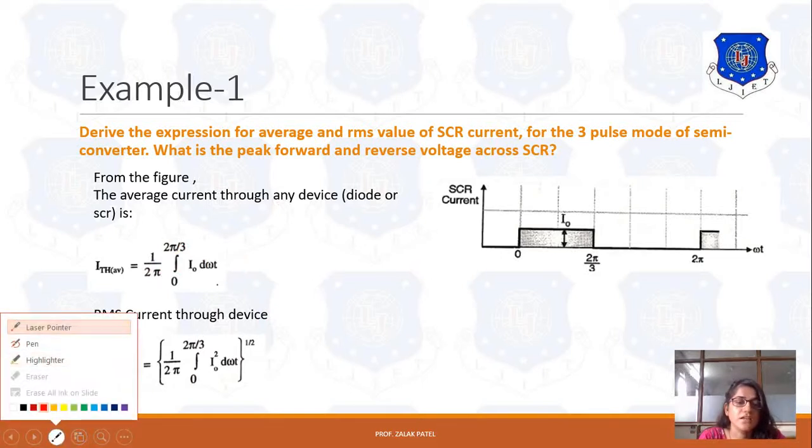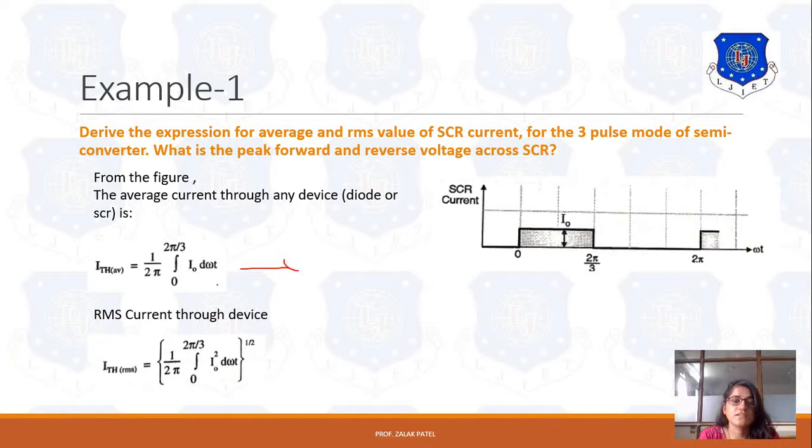Here I0 is constant, so we write I0 upon 2 pi, integration of 1 is omega t with limit 0 to 2 pi by 3, multiplied by 2 pi by 3. The 2 pi and 2 pi cancel out and the remaining term is I0 by 3. So the average current is nothing but I0 by 3.